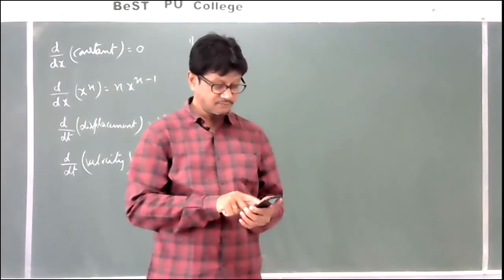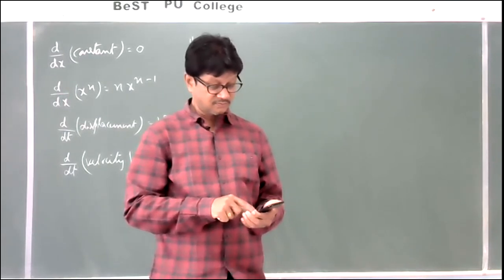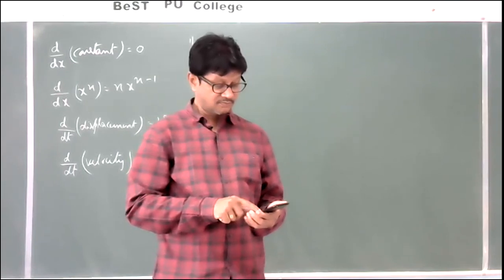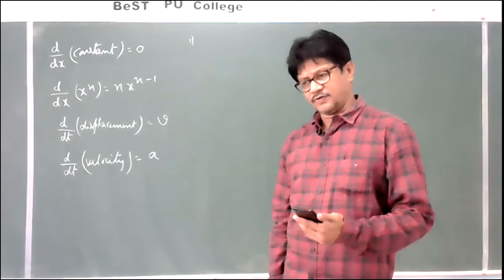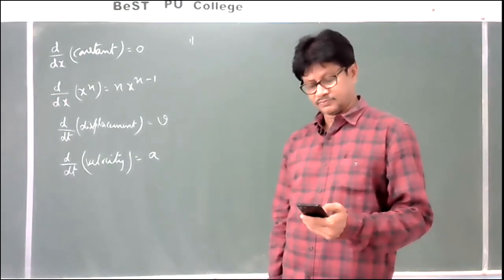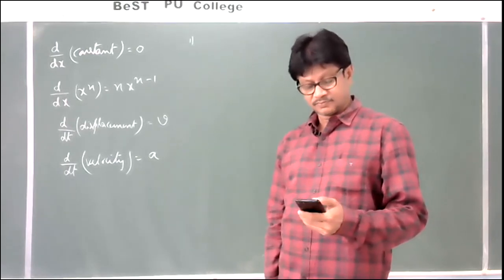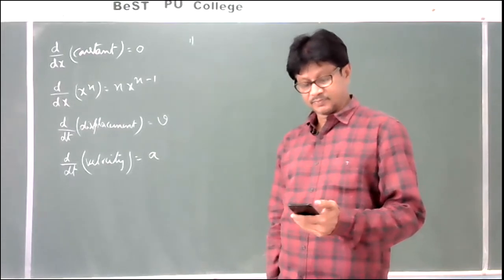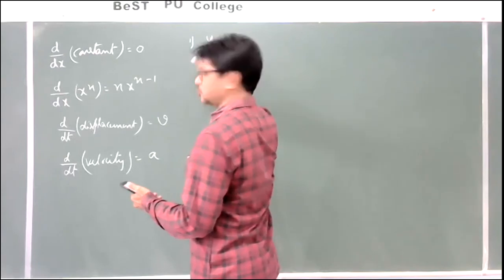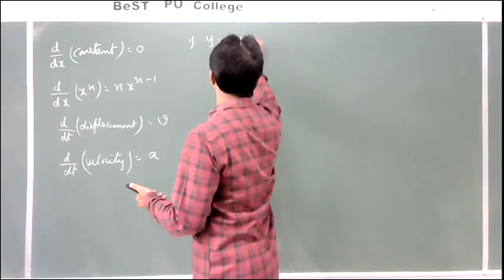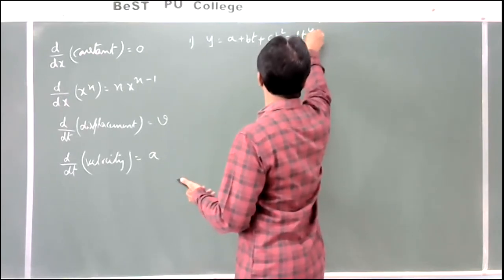Based on this, the displacement of a particle is given by y is equal to a plus bt plus ct square minus dt to the power of 4.